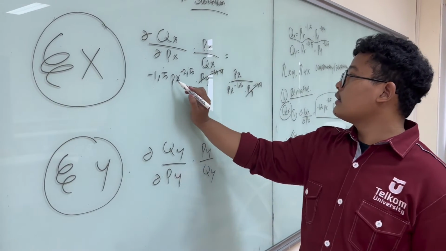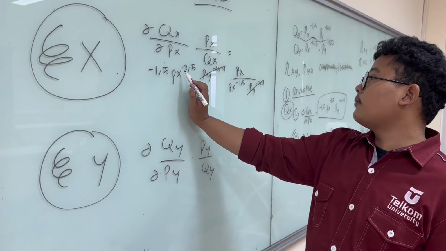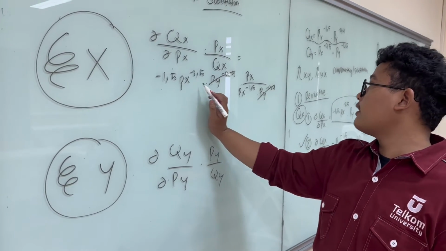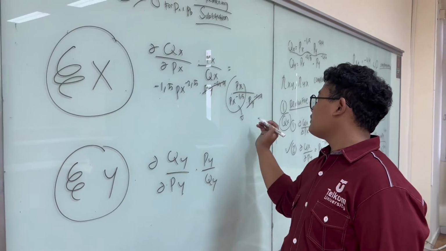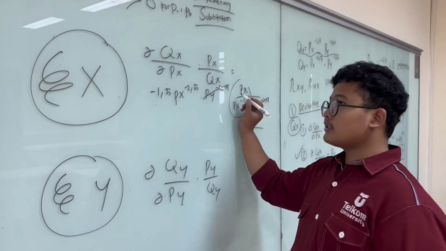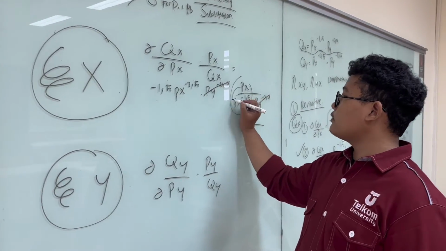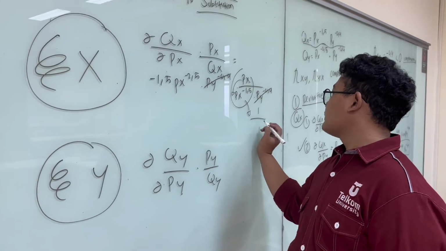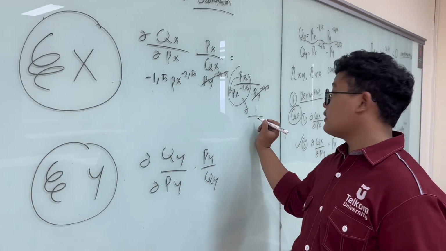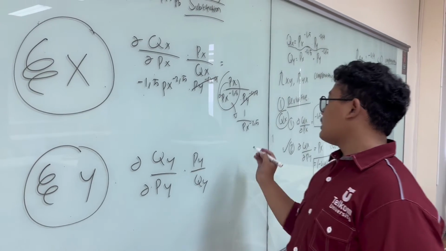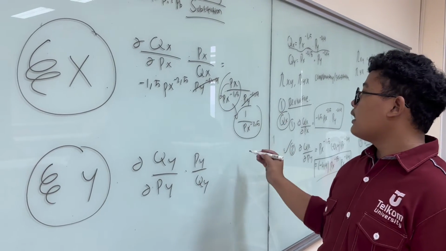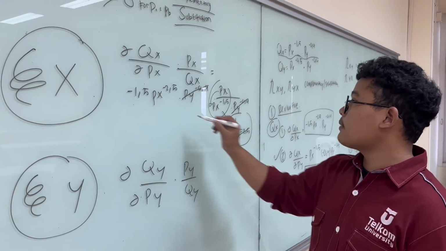And this px to the power of minus 2.5, we can also do like this, right? We can change the px above into below, and also don't forget to add 1. Now after this, we can eliminate the same amounts.